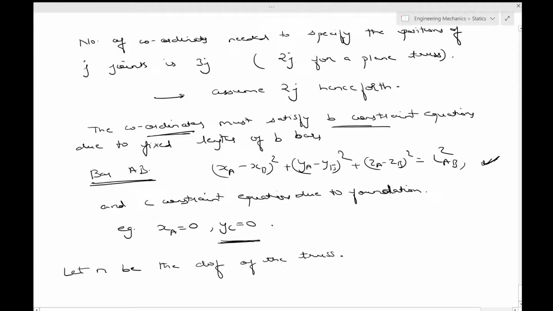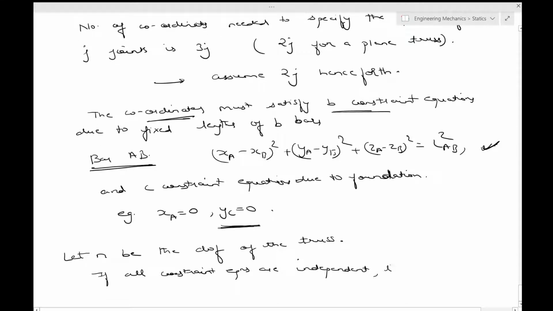If all the constraint equations are independent, then n is equal to 3j minus b minus c, else n is greater than 3j minus b minus c.